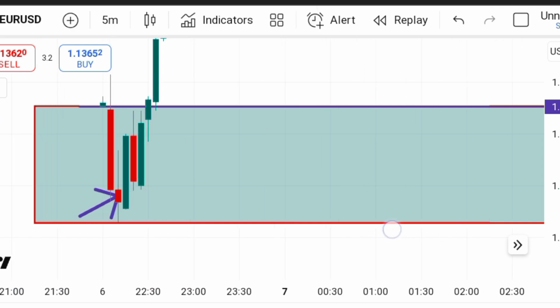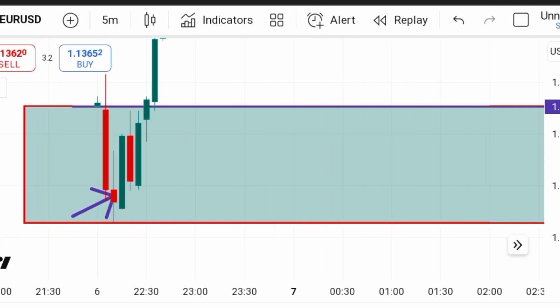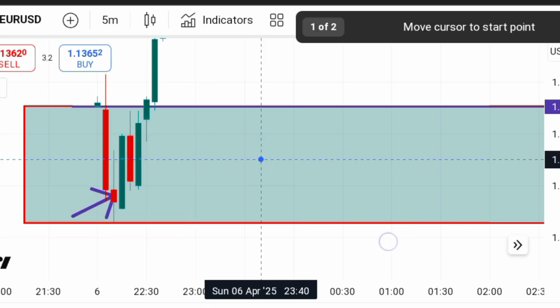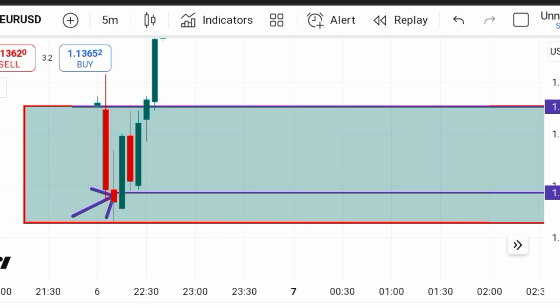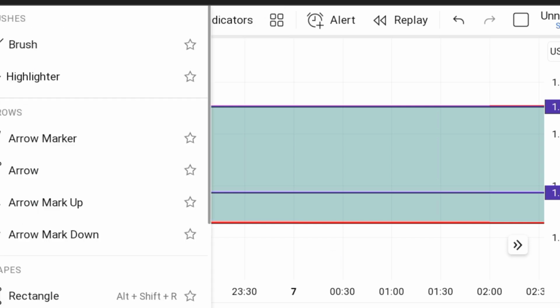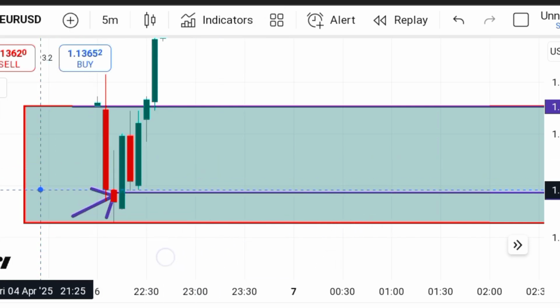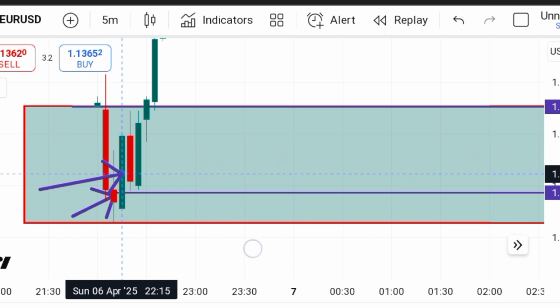So once we mark the candle, we move down to our 3 minutes to look for the last bearish candle. At times, most people mark these two candles here, this one and this one.